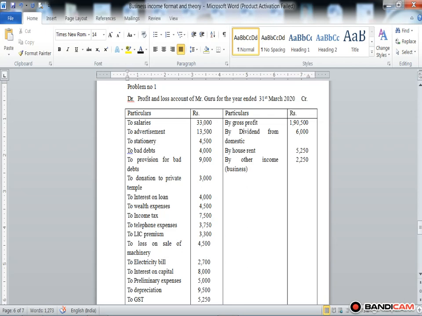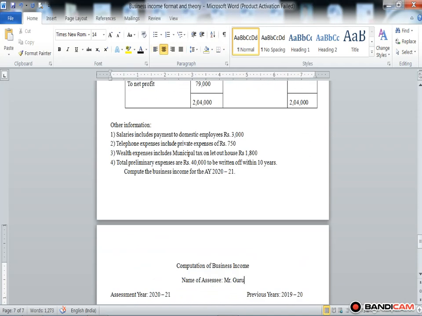So we have to find out the expenses which are not related to the business, and these expenses affect the profit of the business. Excess expenses shown in the profit and loss account will decrease the profit of the firm, so that we can find out the total income of the business.